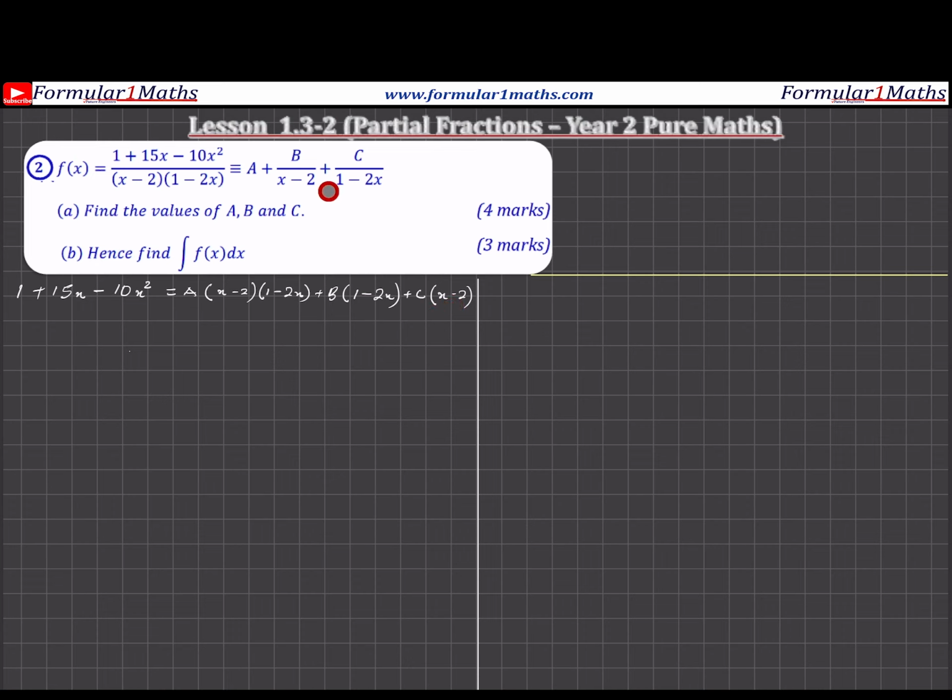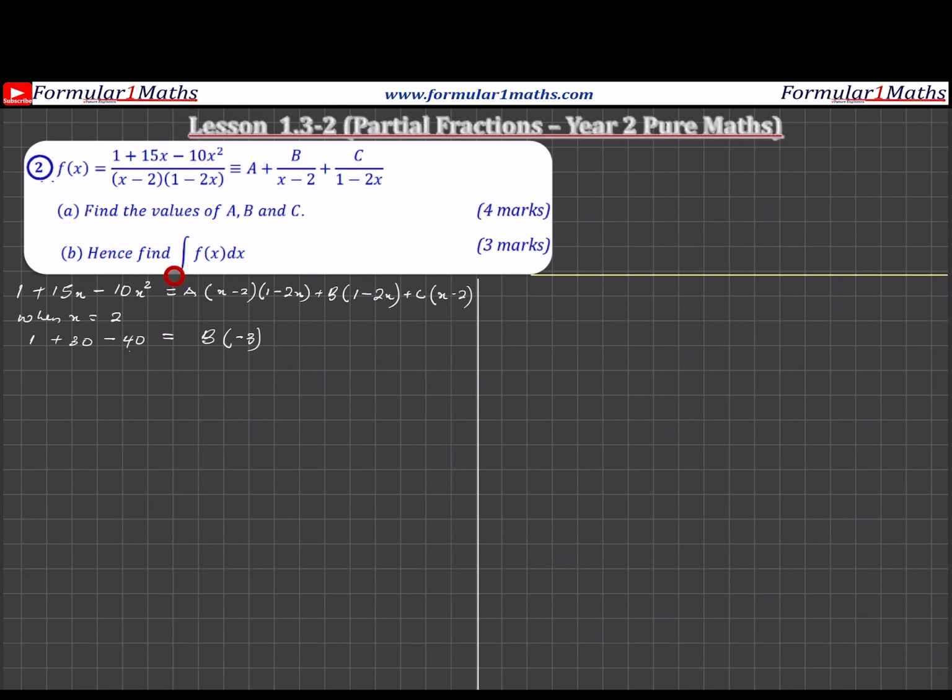Then I can do some substitution here to find the respective values of a, b, and c. So first I'll start by saying when x is equal to 2. What I've got now is on the left-hand side I'll have 1 plus 30 minus 40. That will be equal to b times minus 3.